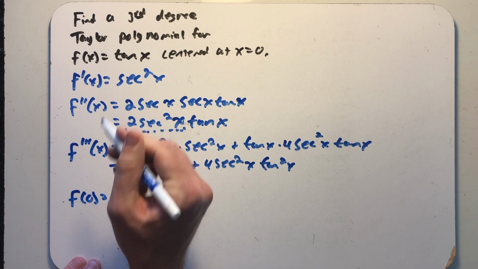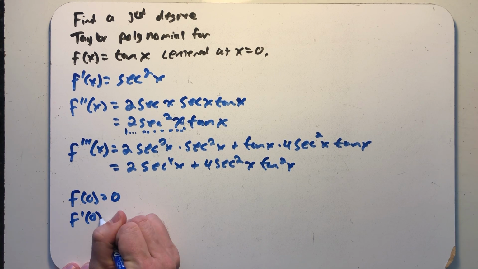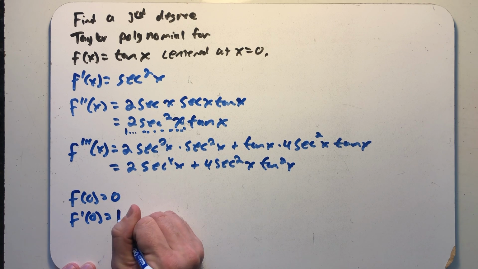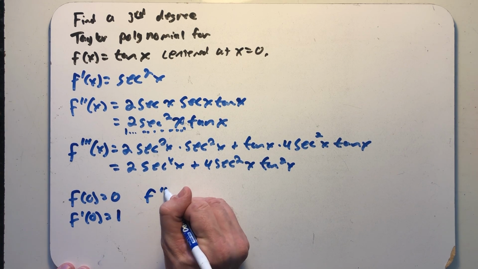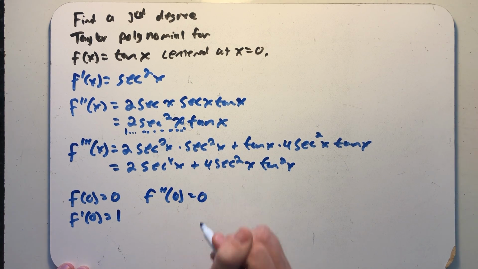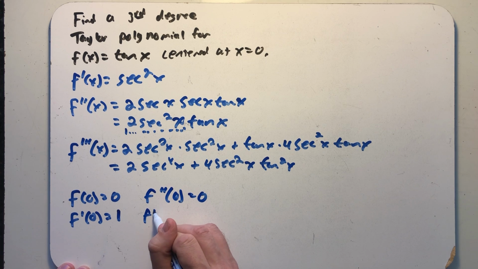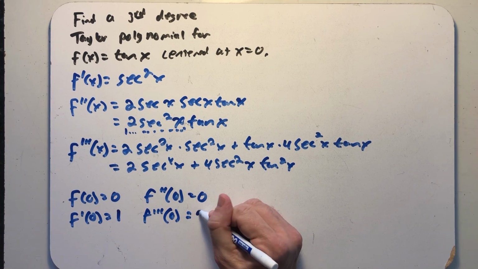Well, tangent of 0 is 0. Secant of 0 is 1, and 1 squared is 1. All right, the second derivative, well, tangent of 0 is 0. 0 times anything is 0, and then the third derivative. All right, well, I have 2 plus 0.